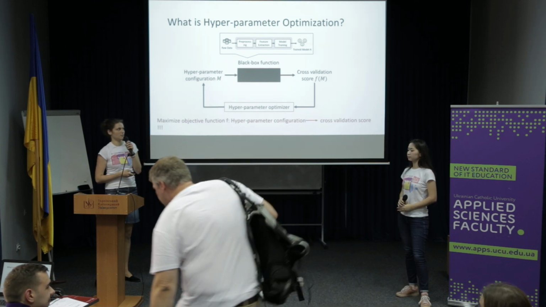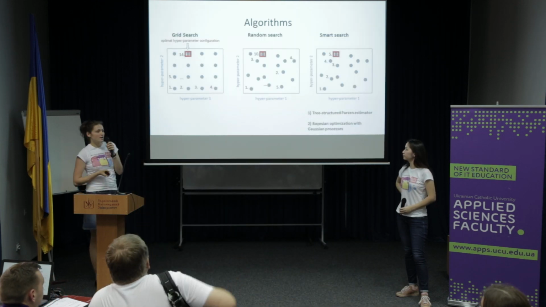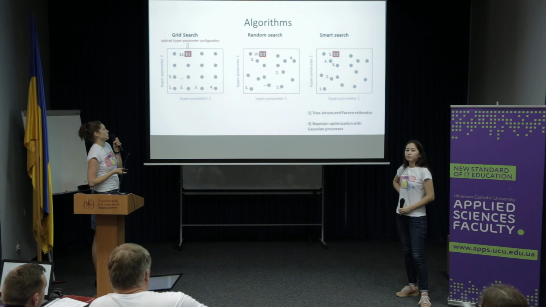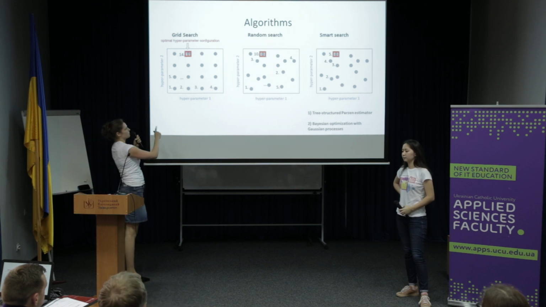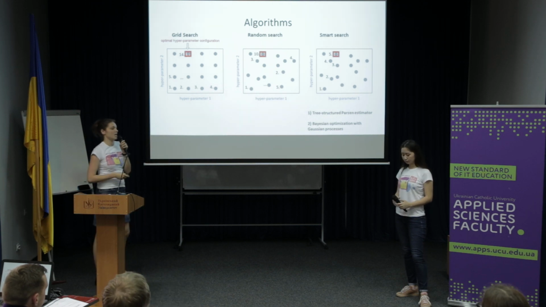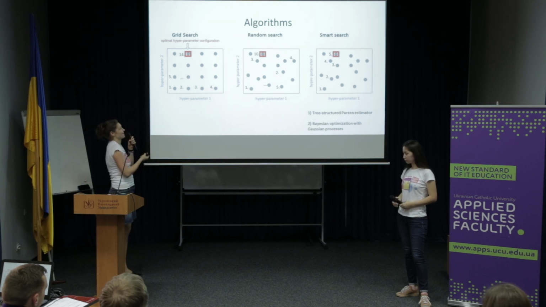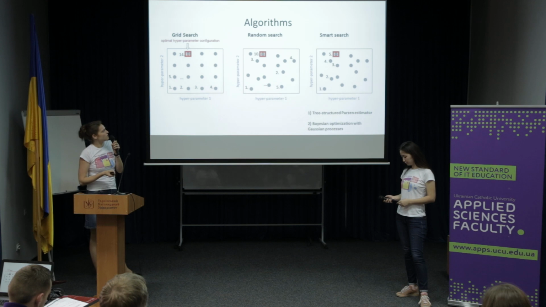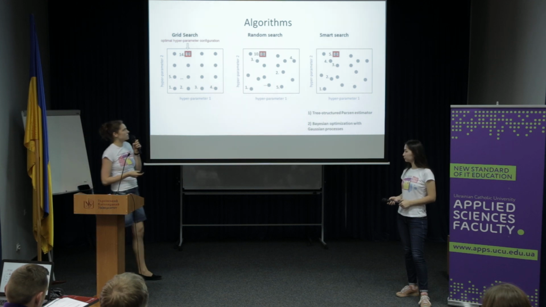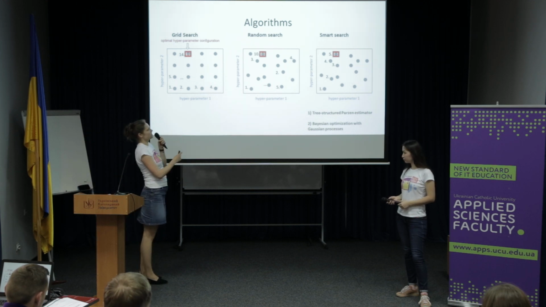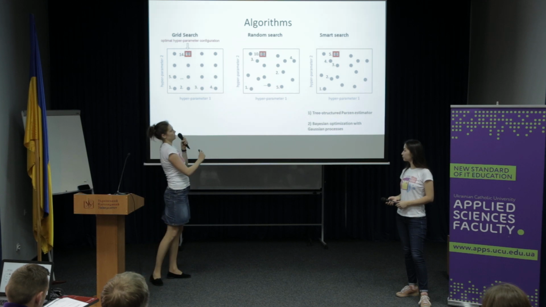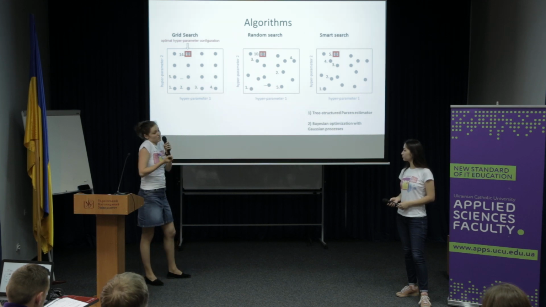So how do we do that? The naive way, which you all probably know, is grid search. We just go one by one through the hyperparameter space, and in the worst case, the best solution is exactly at the end. A speed up version is random search, where you don't follow a grid, but you choose the points randomly. Nevertheless, you can be unlucky if the randomness is not on your side.